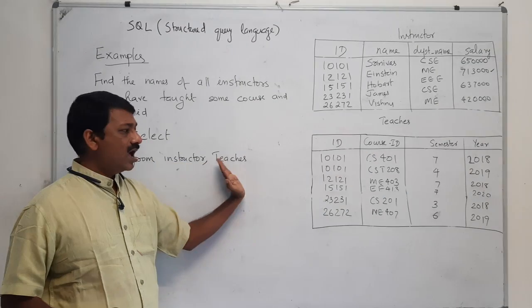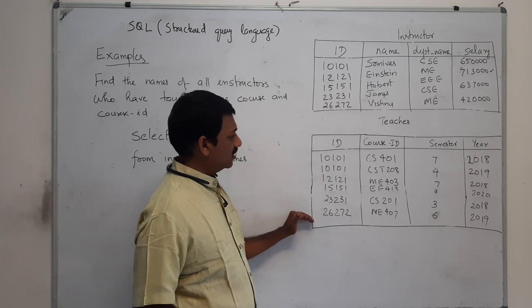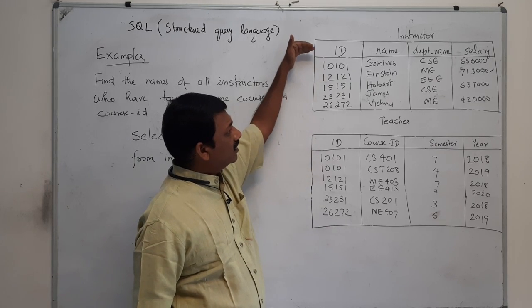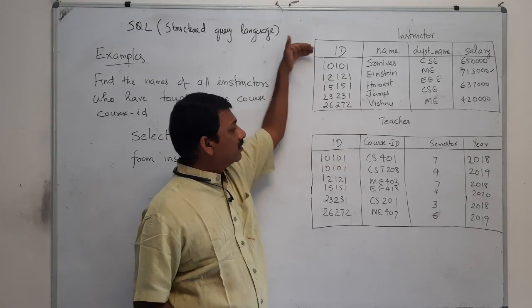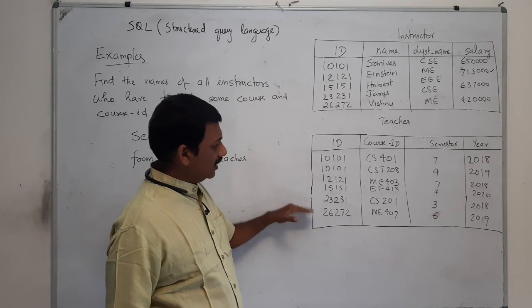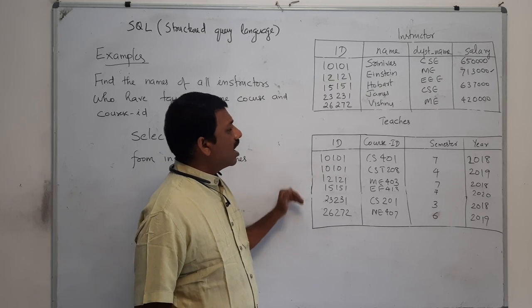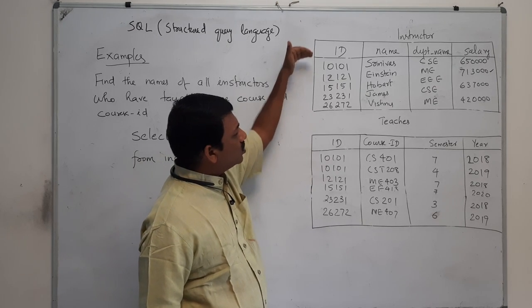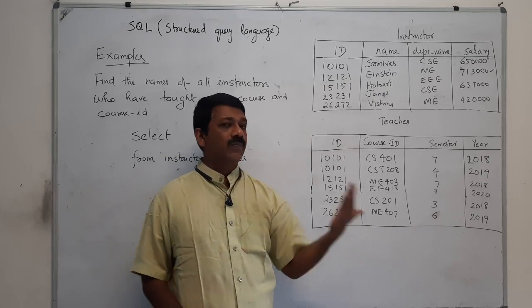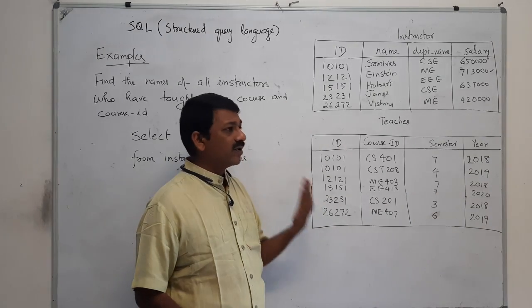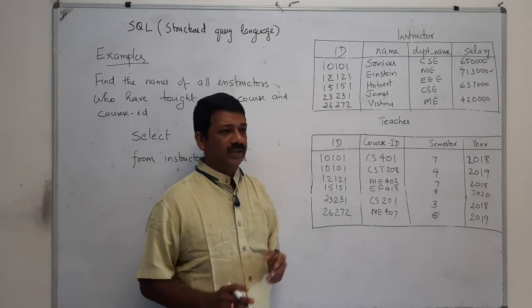And from that, if you have an entry here, then definitely you have to take the name. That means if you have an ID which is in teachers and that ID is also there in the instructor table, that tuple has to be selected, and from that tuple you have to extract name and course ID.